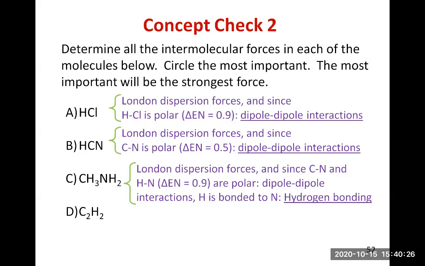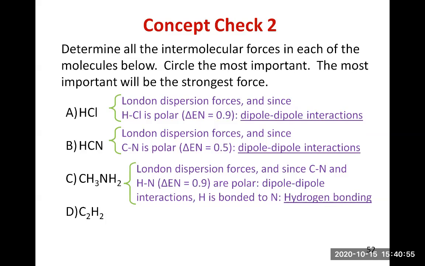Two legs will be the bonds with the hydrogen, and one leg will be the bond with the carbon. And so all these bonds are polar towards nitrogen, and so they add up, and there is an overall dipole oriented towards nitrogen. And so we have dipoles that will be attracted to each other. So molecules of CH3NH2 will be attracted to each other due to those dipole-dipole interactions.